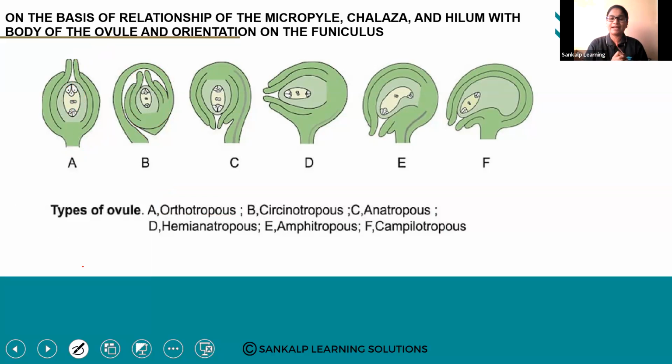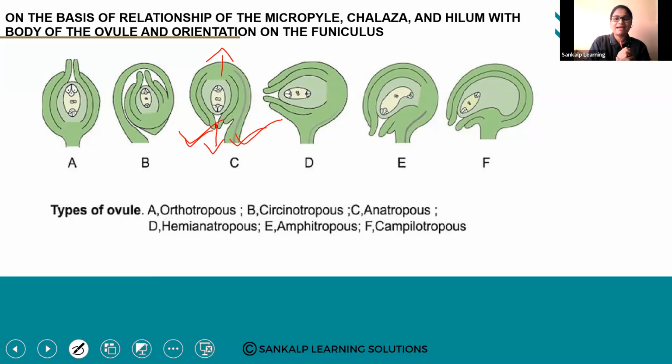The next one is anatropous, the most common type of ovule. Here the micropylar end is below at the bottom, the chalazial end is at the upper side, and the micropyle and funicle lie next to each other, adjacent.